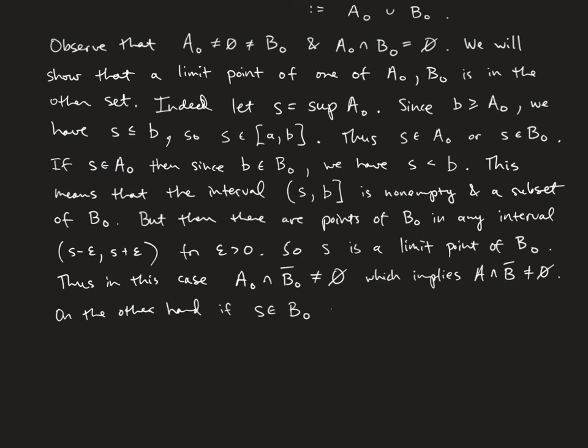S is in B naught, we merely use the fact that since S equals the sup of A naught, it follows that S is a limit point.